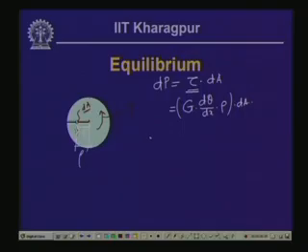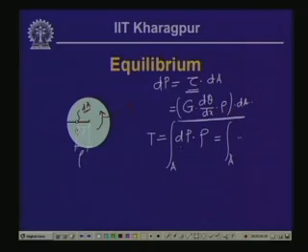So, the twisting moment T acting on this cross section is the summation of all such forces over the cross-sectional area, which is the integral of dP times the distance rho. So, this is equal to the integral over the area. Substituting for dP, which is G d theta dx times rho, and rho times rho becomes rho square times dA. That is the twisting moment applied in this cross section.